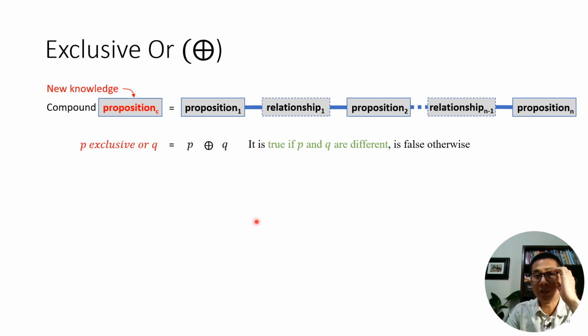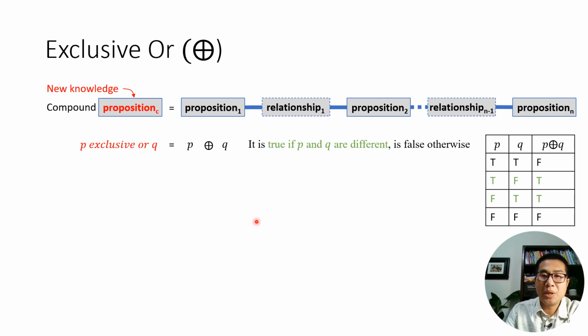You cannot have both, it's just exclusively P or Q. You cannot have both of them be the same. So the truth table is P, Q, and again the highlighted part is only true if P and Q are different.